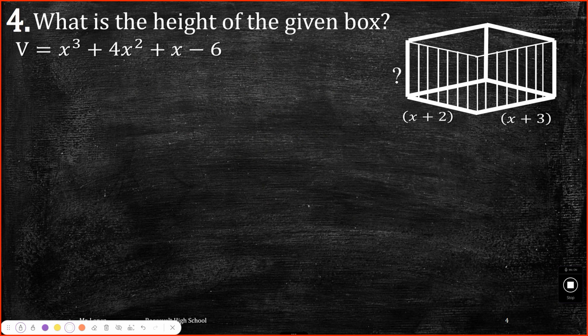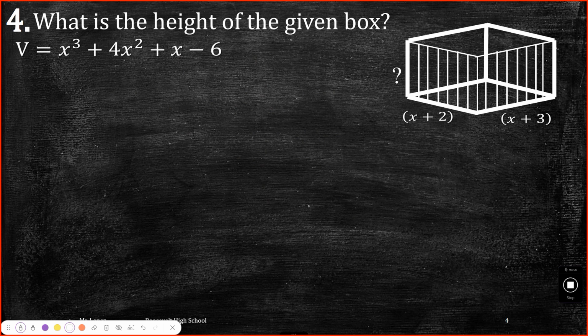If you're given a box and then you're given a volume that is in polynomial form, instead of just a number, and they give you some dimensions of the box. So you guys do remember the formula for volume of a box from geometry? What's the volume of a box formula?